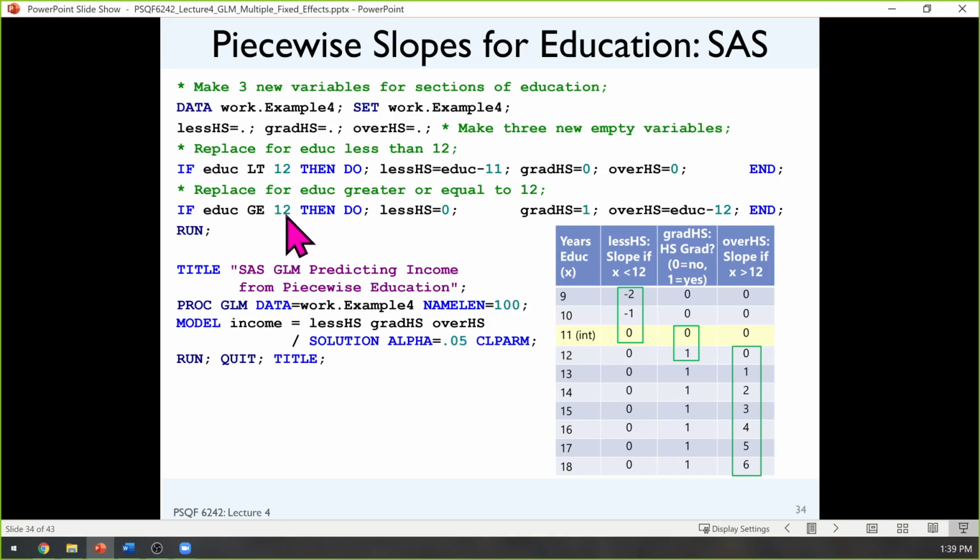So inclusive of 12 and greater, in other words, the rest of the rows in this table, the first variable is a 0. The second variable is a 1 because they would have graduated high school in each case. And the third variable is how much past high school they have. So education minus 12 picks up where graduated high school left off. And then those are the 3 new columns that go into the model.